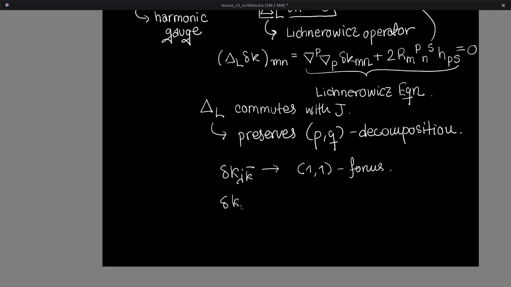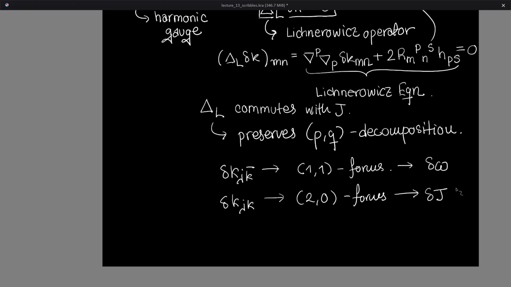And we'll have another version that will look like delta K, J, K, which are going to be 2-0 forms. And each of these will correspond to deformations of the Kähler form and deformations of the complex structure. And so now we're going to look at each of these one by one.